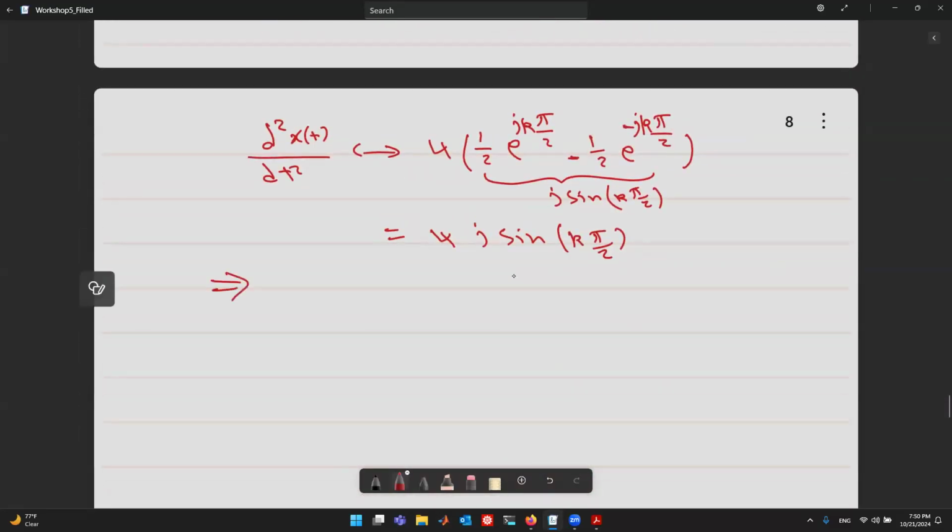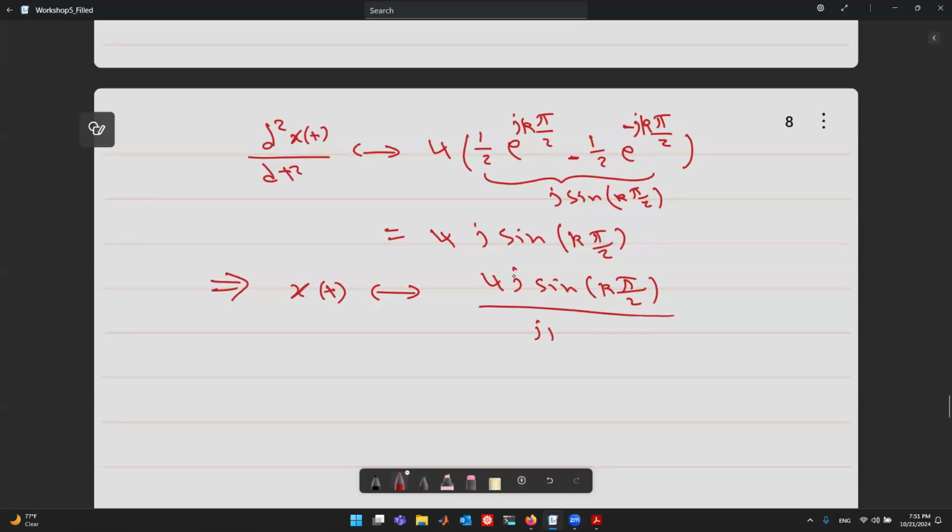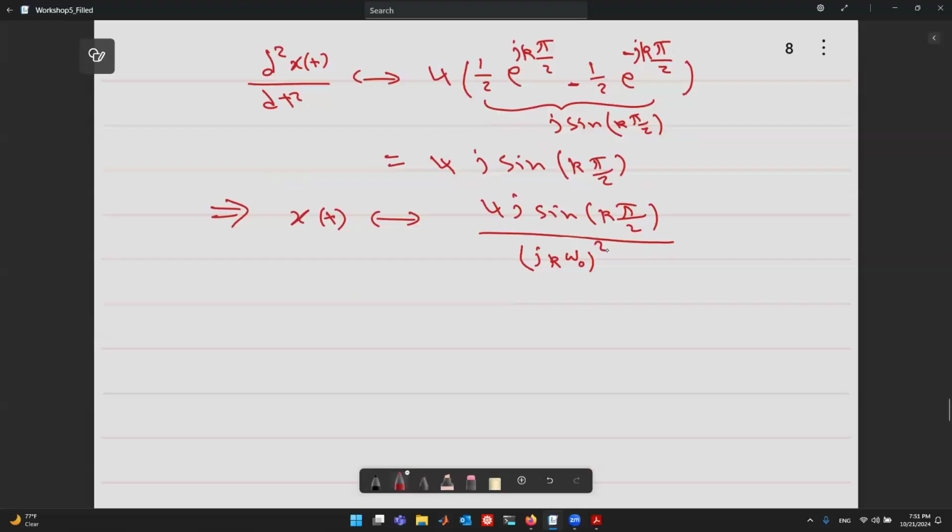Therefore, x(t) will have those coefficients, 4 j sine k pi over 2 divided by j k omega naught, which is pi, squared.